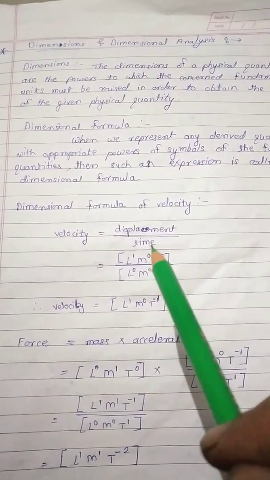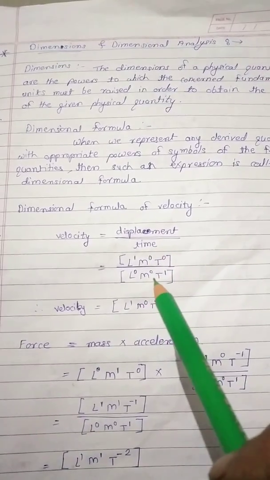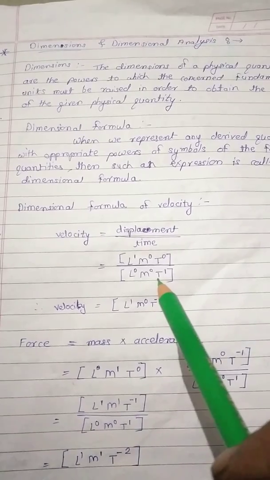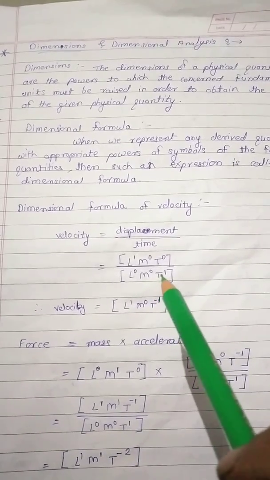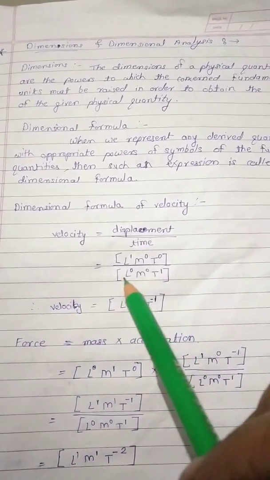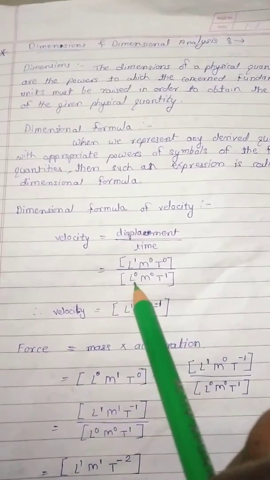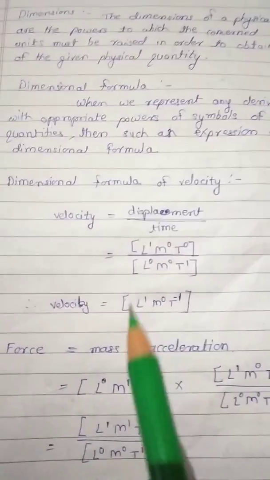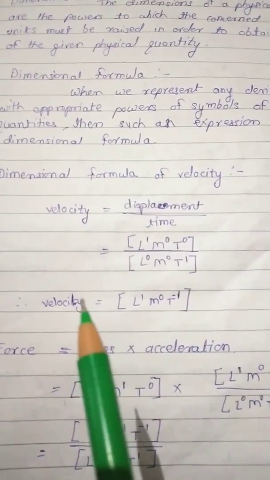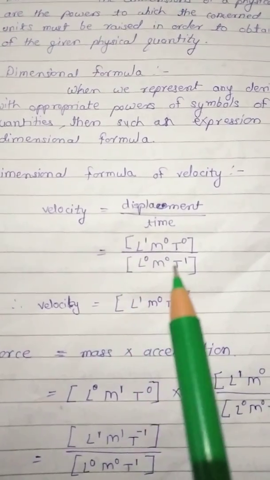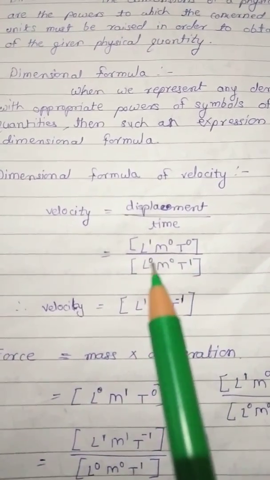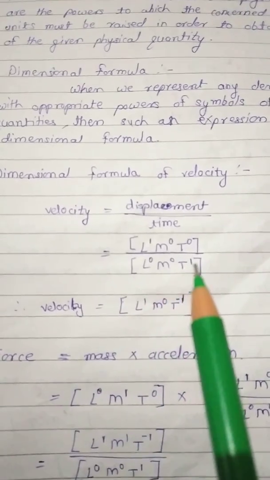Similarly for time, time is also a fundamental physical quantity, so T1 is written, and L0 and M0, as it does not depend on mass or length. So here we have L1 M0 T0 upon L0 M0 T1.